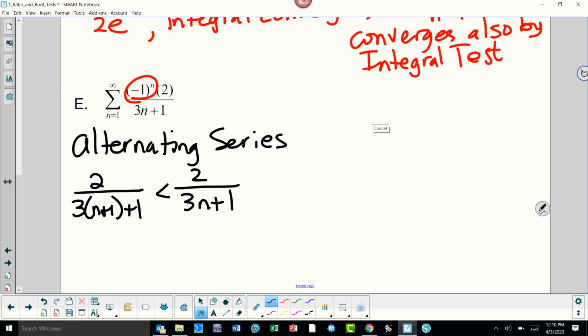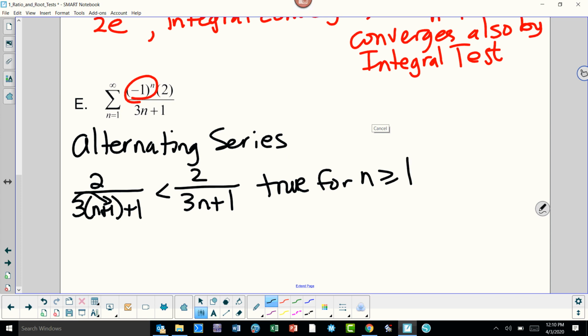Well, it's very, very easy to see that that's going to be the case because the left-hand side is the same, except it has plus 4 on the bottom because you'll have plus 3 right here plus another 1. So instead of 3n plus 1, it'll be 3n plus 4, which makes it bigger on the bottom. Numerators are the same. So this is true for n greater than or equal to 1, which is, again, all I care about.